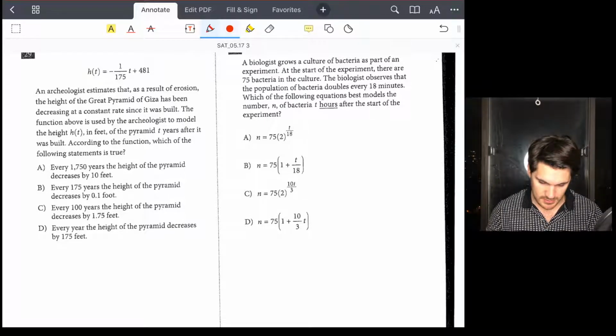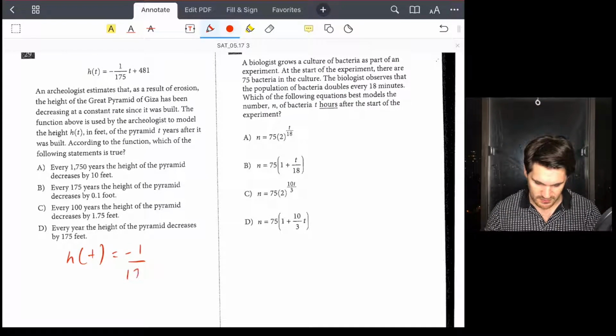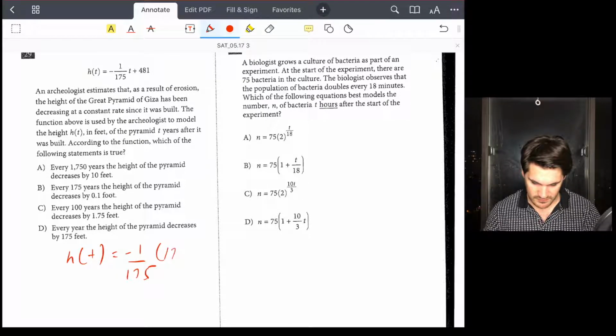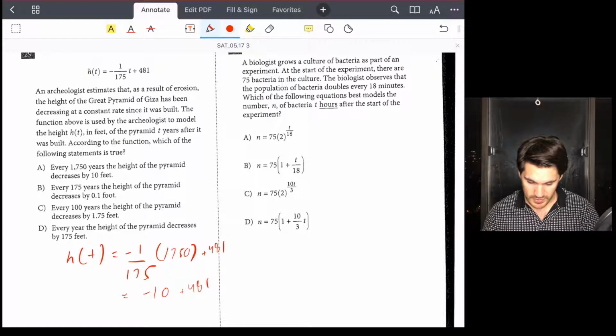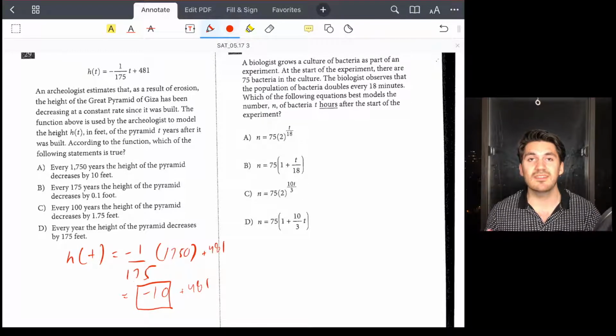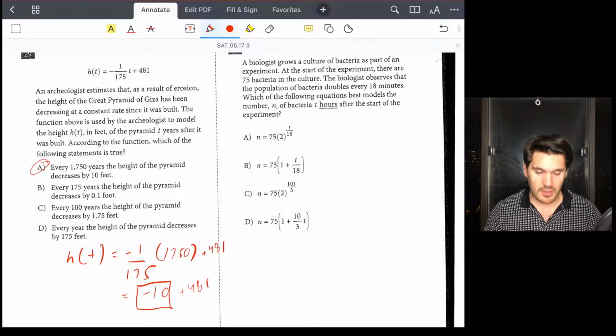So if we plug this in, h of t equals negative 1 over 175 times 1750 plus 481. So this will give us minus 10 plus 481. So we see that we did get this decrease of 10. So we know that A is going to be our answer. If we test out the other answer choices, we're going to find that they're all incorrect.